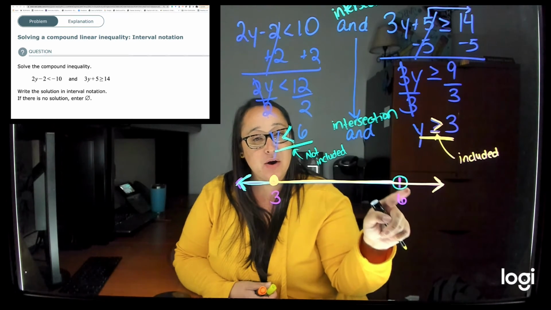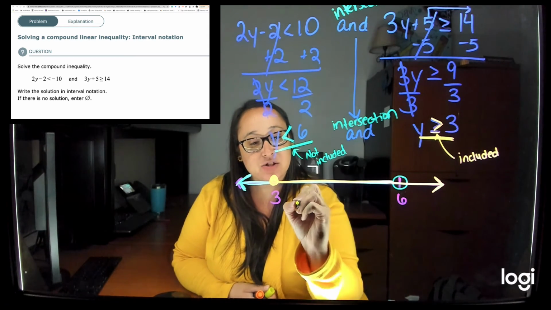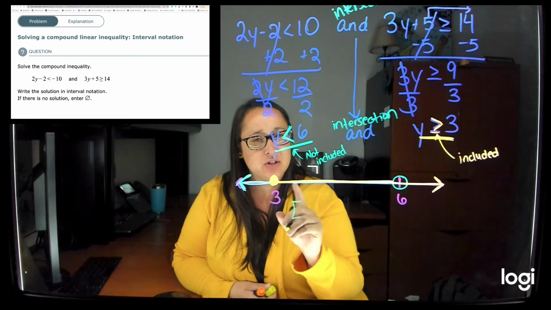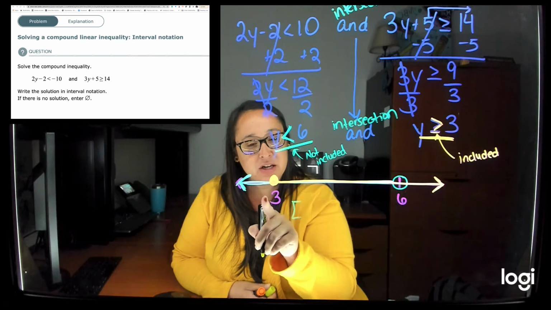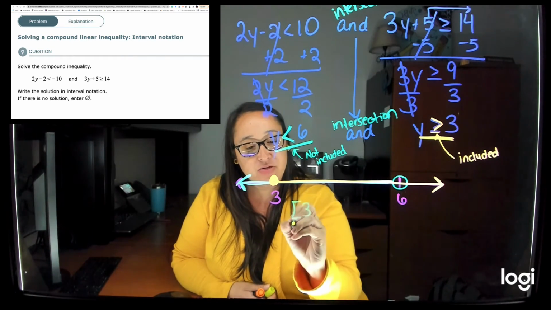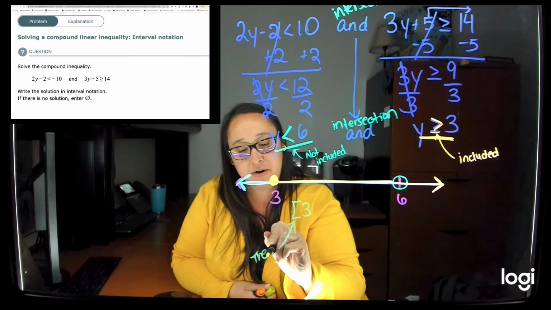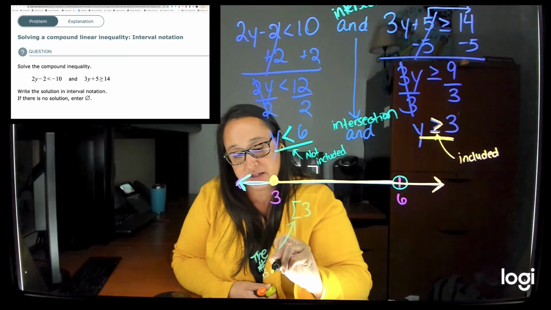So if I want to write my answer in interval notation, my answer is going to look like this. So I'm starting at 3. All you need to do is look at your intersections. So I'm starting at 3, and because I am including 3, I use a bracket. That bracket means that the number is included.